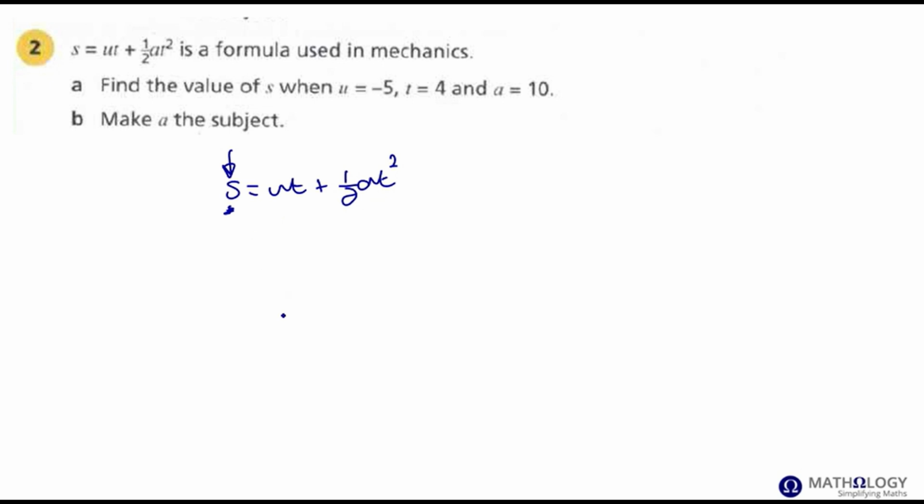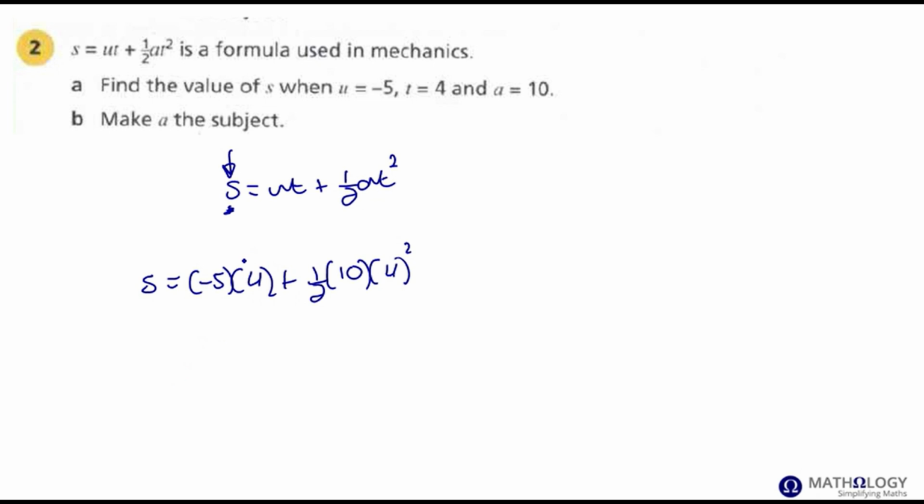involving that subject. So S equals U, which is minus 5 times T, which is 4, plus a half times A is 10, and T is 4, so times 4 squared. Now another thing to bear in mind is always use brackets when substituting values into an algebraic expression. If you don't use brackets, you're going to run into all sorts of problems, and you'll never get this right.